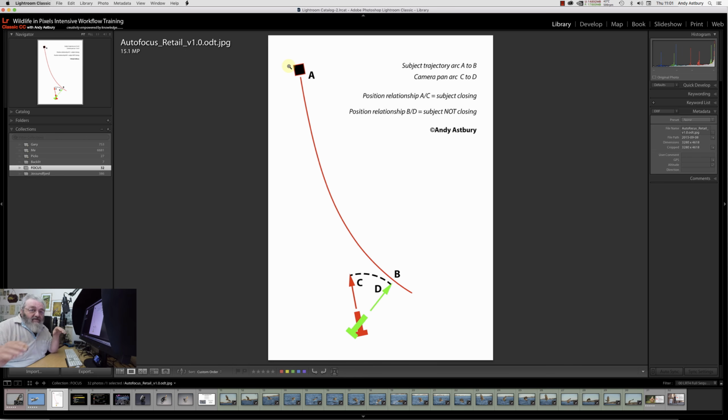On Canon, the camera's response to that will be controlled with accel-decel tracking. That self-same change, when the bird is 9 or 10 metres away, will be controlled with tracking sensitivity, because that is a major change, because it's only 1 metre away.